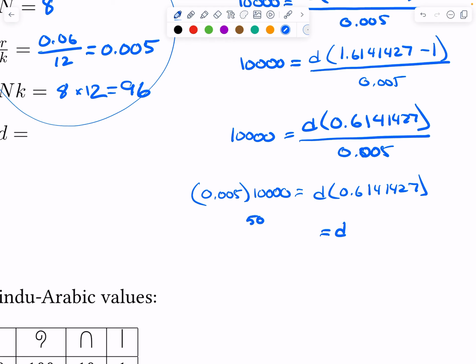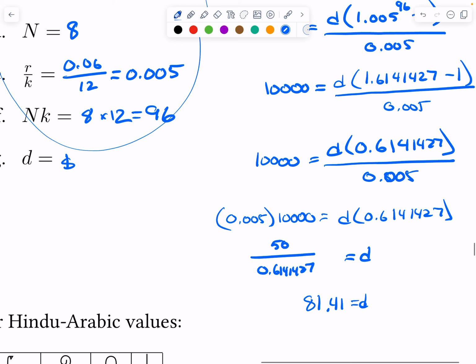So 50 divided by 0.61141427. And I have $81.41 apparently. So $81.41 is the answer there.